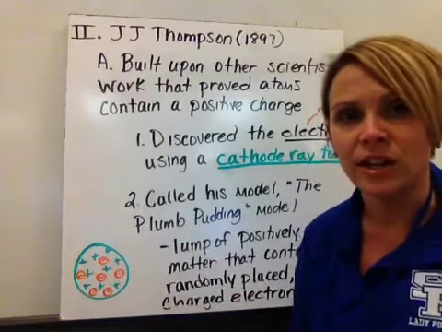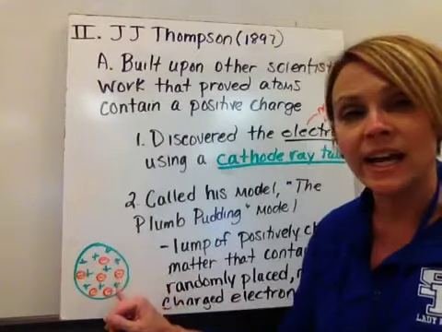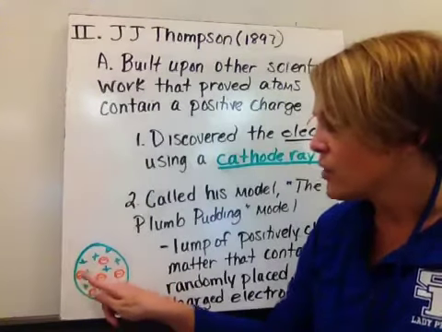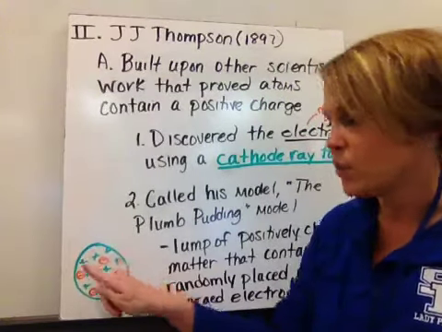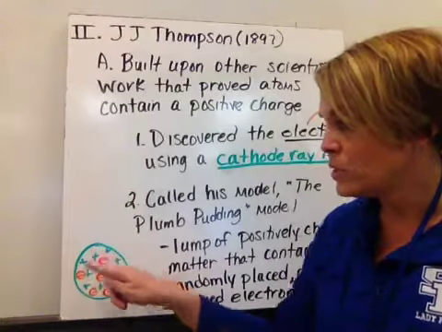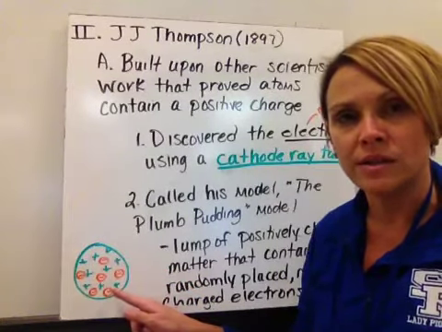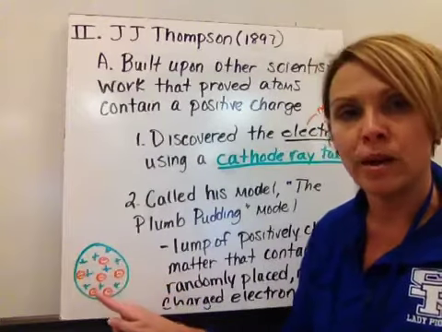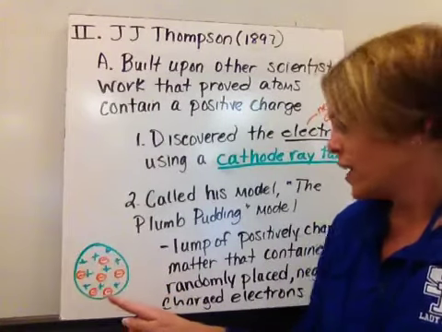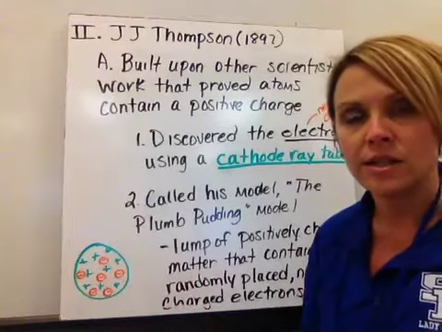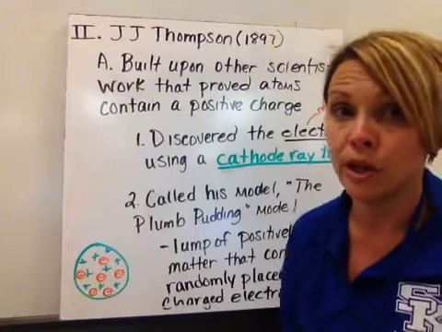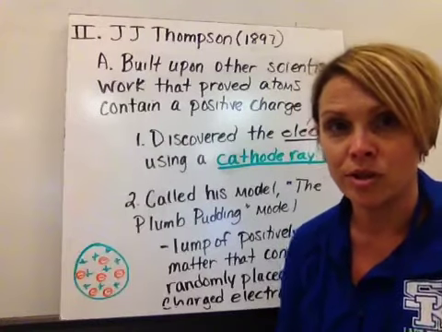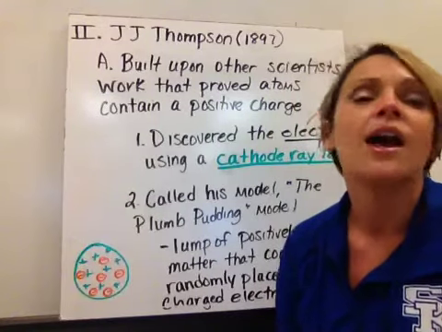Once he discovered the electron, he knew that there were negative charges, as indicated by the orange with the little negative sign, that were kind of placed randomly throughout this positively charged lump of matter. And he called this the plum pudding model. Now, most of you have not had plum pudding. I haven't either, but apparently that was a really popular dessert back in the 1800s.